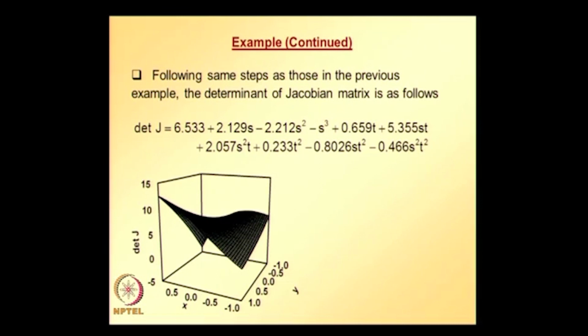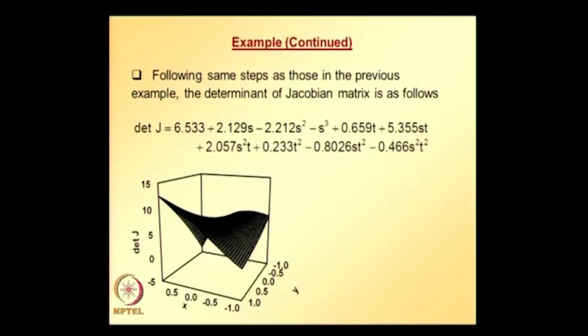If something is changing from positive to negative or negative to positive over a particular element domain, that means at some point in that element that particular quantity takes a value equal to 0. So, this plot clearly shows that there is a change of sign over the parent element domain. So, the mapping is not good.